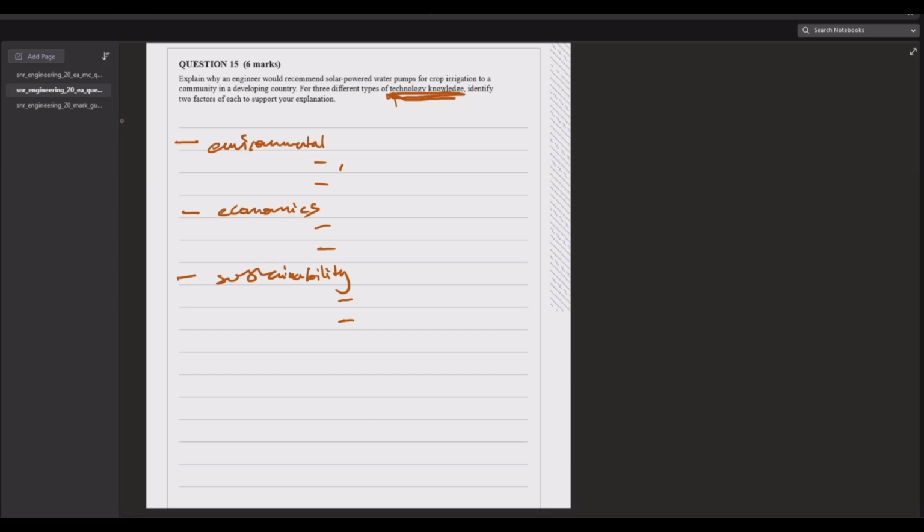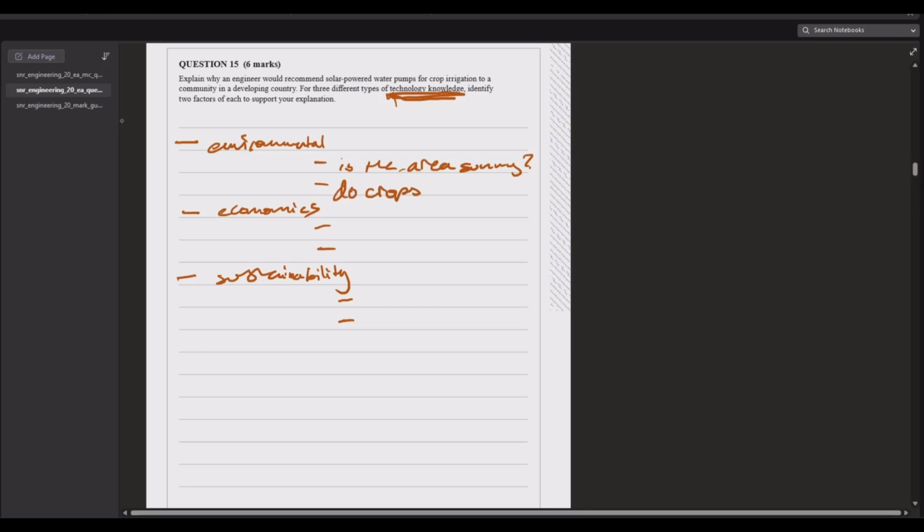And they're going to want you to say things like, is the area sunny? Do crops get enough water? Economics: can this be afforded?